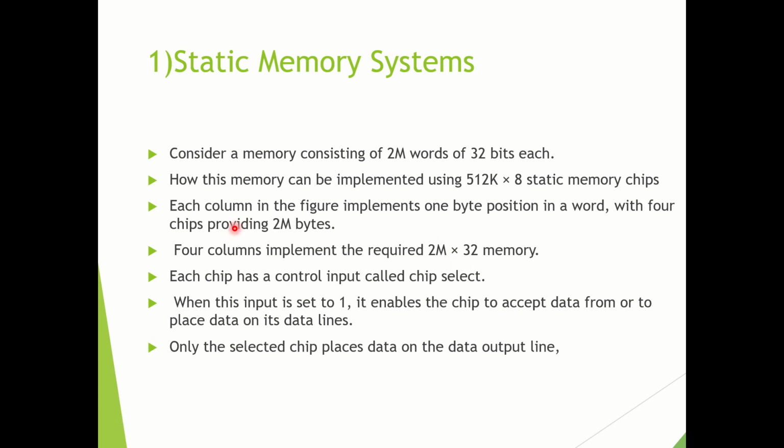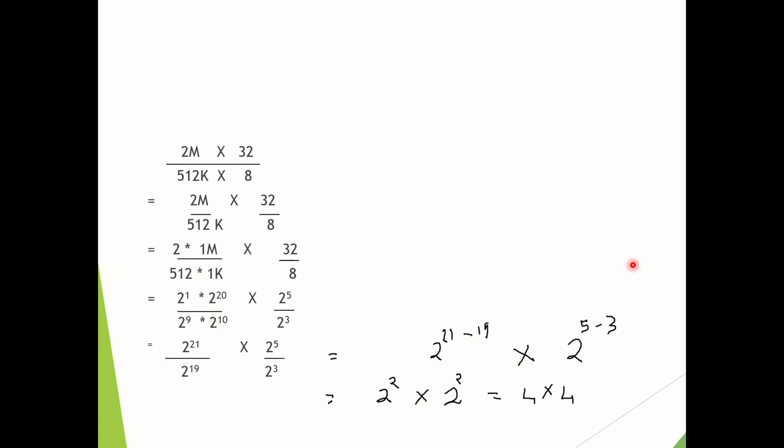So this is our aim. We want to generate the larger memory of 2M by 32 size, and the chip we are using is 512K by 8.